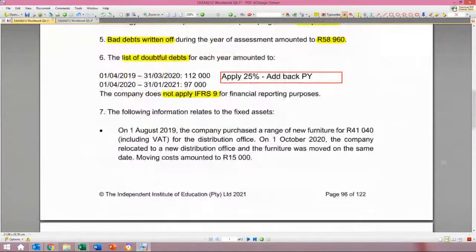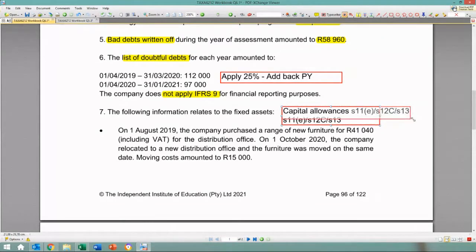Then if we go on, they tell you the following information relates to the fixed assets. So as soon as you see fixed assets, you need to think about capital allowances. Okay, so that can be section 11E or section 12C or section 13, which relates to buildings.